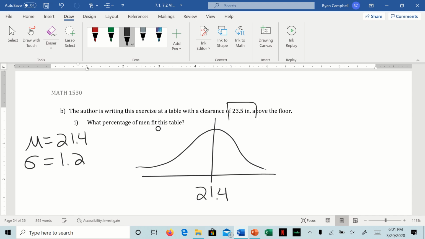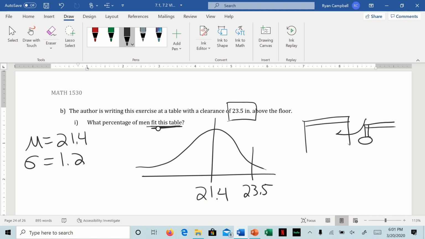We have a value of 23.5. That's going to go above our mean. So here's the question. Who is going to fit under this table? If you're going to sit comfortably at this desk, you're going to have to fit underneath this table, right? So a bottom percentage, that's going to be to the left. And this is what we need to find.